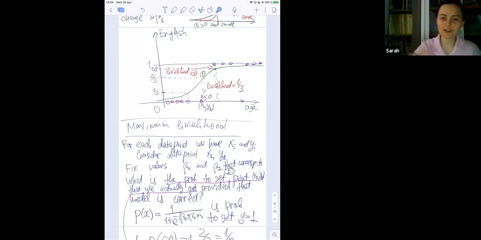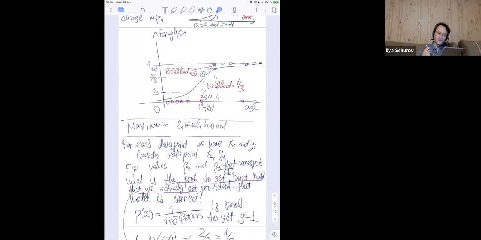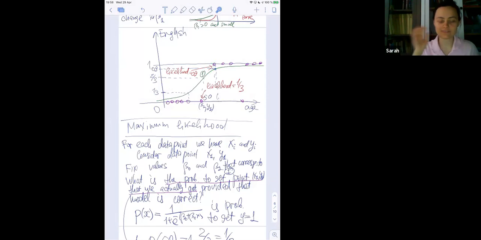I'm just thinking how to count that. For instance, I have in my data a lot of points: 10 people of age 50 who speak English and 25 people who don't speak English. So I have lots of dots here and lots of dots here.